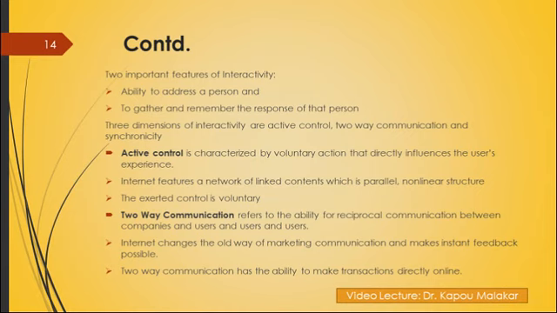Although he or she still has some control, the control is not absolutely necessary and doesn't effectively change his or her viewing experience. Then we see that the control an internet user exerts is voluntary.